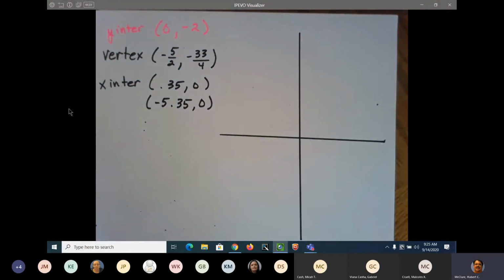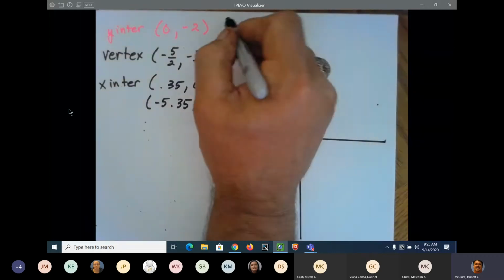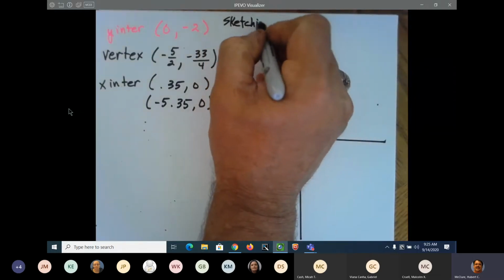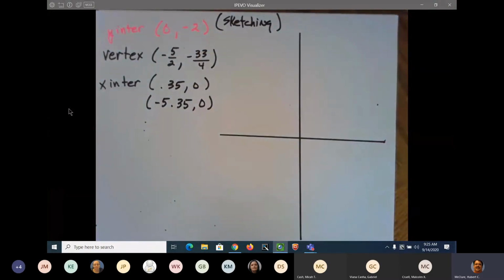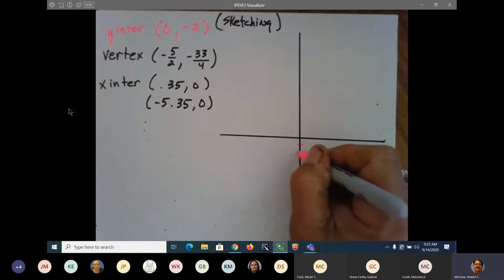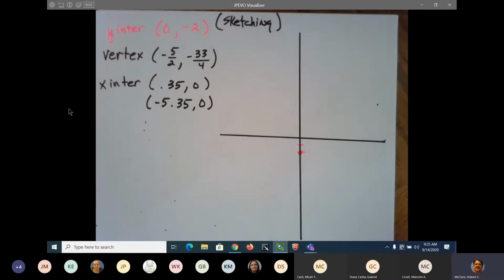Now, of course, if you got graph paper, it would be great, but I'm just showing y'all how to sketch. Sketching is different from drawing a graph or plotting a graph. So (0, -2) is our y-intercept.